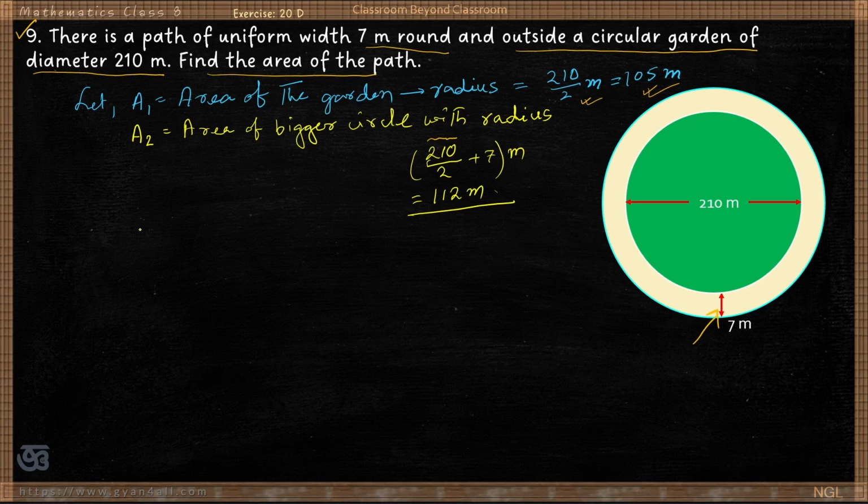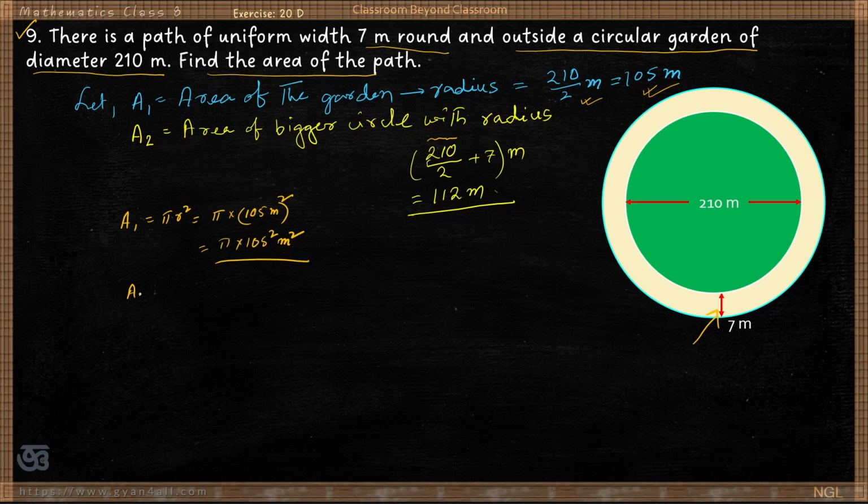So let us find first A1. A1 is equal to pi r square, that is pi multiplied by the radius of the garden, 105 meter, square, is equal to pi multiplied by 105 square meter square.